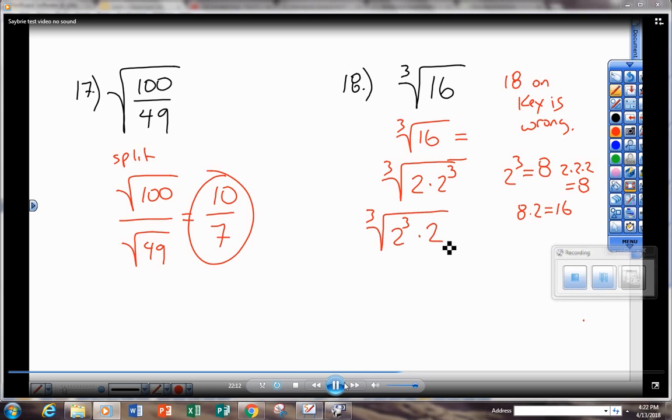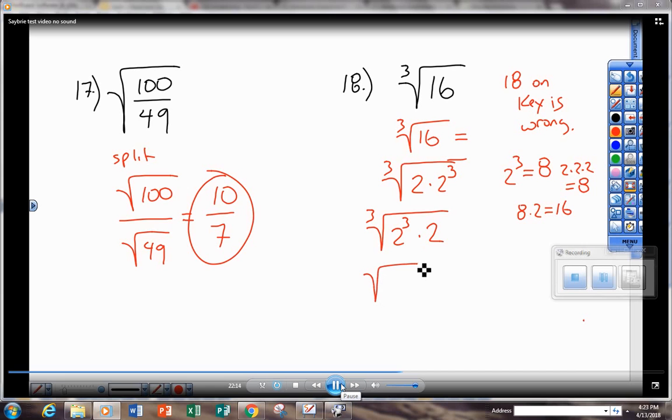So again, if I wrote that as an 8 right there, that'd probably be better. 8 times 2 is 16, and the cubic root of 8 is 2, because 2 times 2 times 2 is 8. Here I wrote it a little bit more difficult, 2 to the third, but that's okay.